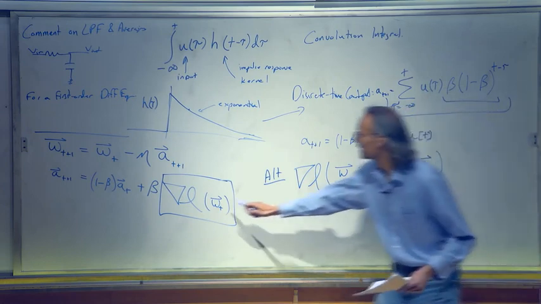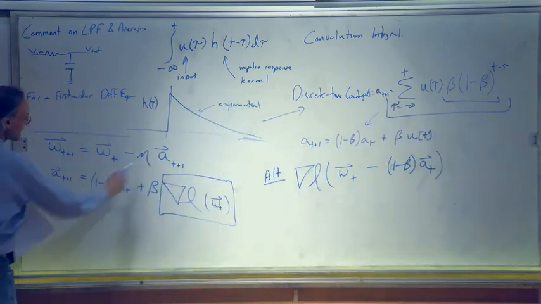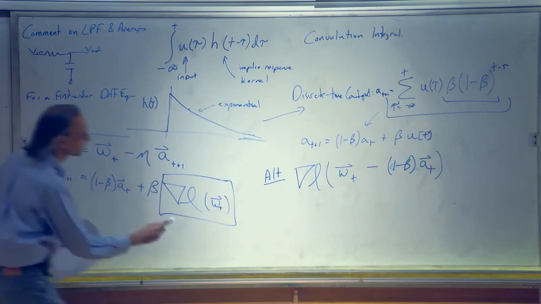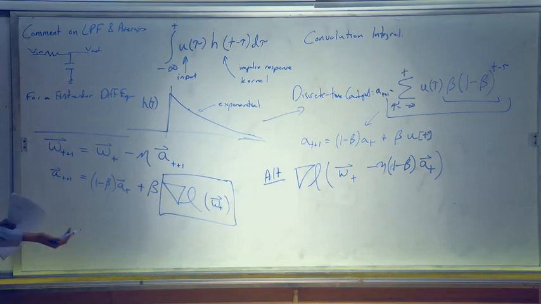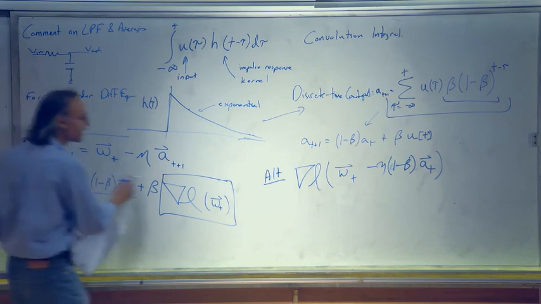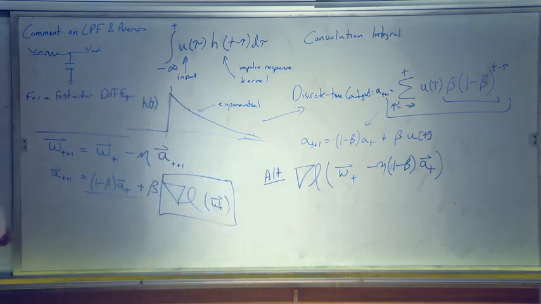Next time you're going to move minus eta times A_{t+1}. This part is already determined. That's not going to change. So evaluate the gradient there, to get a little bit better local view of what's going on.